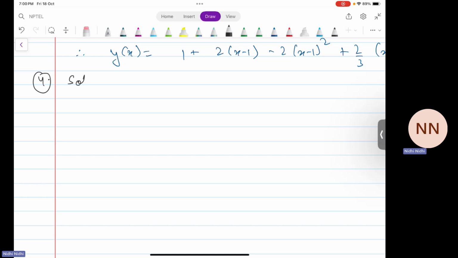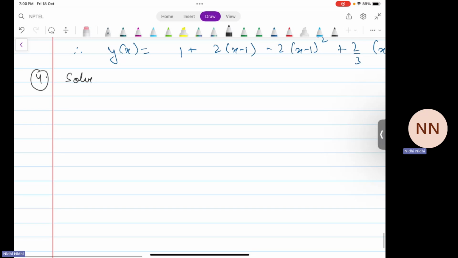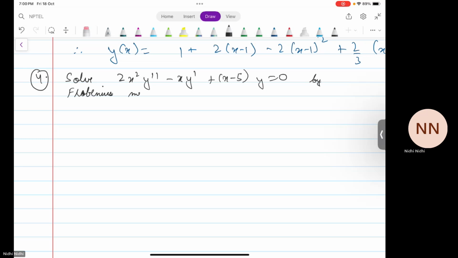Solve 2x square y double dash minus xy dash plus (x minus 5)y equals to 0 by Frobenius method, in some interval 0 to R.